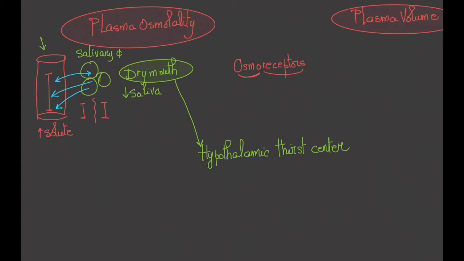They are checking the plasma osmolarity for you. So whenever I have a decrease or an increase in the plasma osmolarity, those osmoreceptors will either become more active or less active. So whenever I have an increase in the plasma osmolarity, this will activate the osmoreceptors in your brain and will directly respond by activating your hypothalamic thirst center.